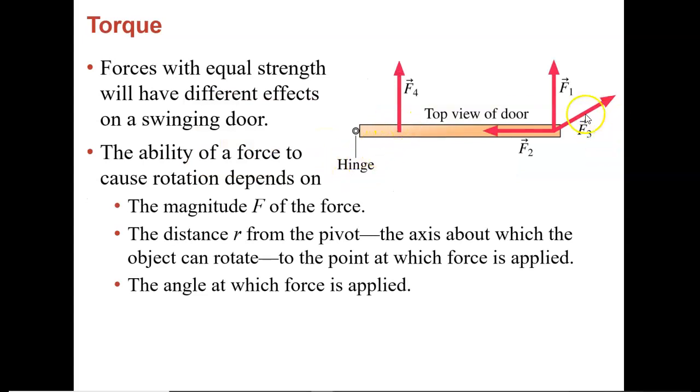So like if all these forces are equal, actually this one right here, F2, would give you the least amount of torque because none of it's perpendicular to the door. Between F1 and F4, if F1 and F4 are the same force, F1 is going to create the greater amount of torque.